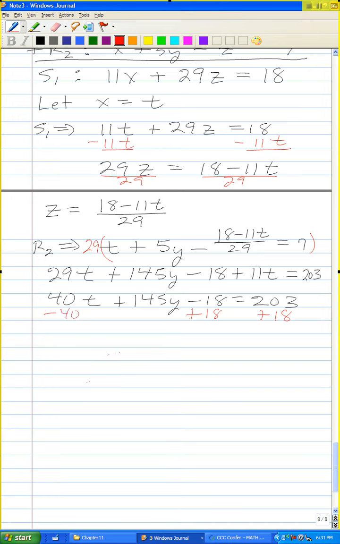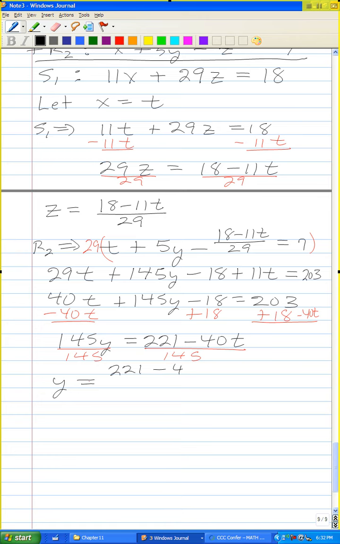Subtract 40t from both sides of my equation. And so you get 145y is equal to 221 minus 40t. Divide both sides of your equation by 145. And so you get y is equal to 221 minus 40t over 145.